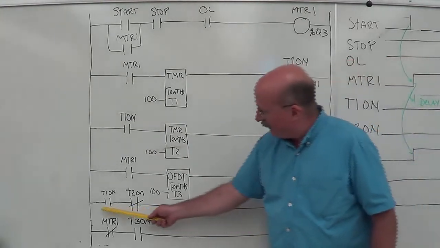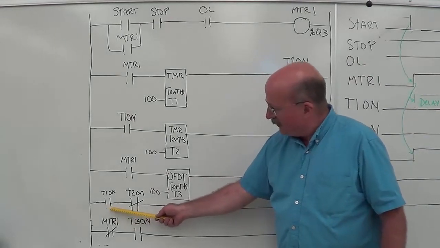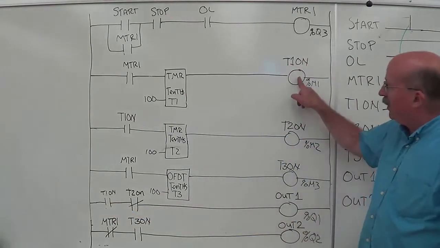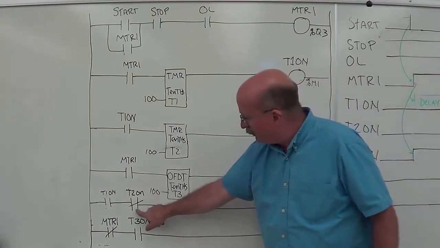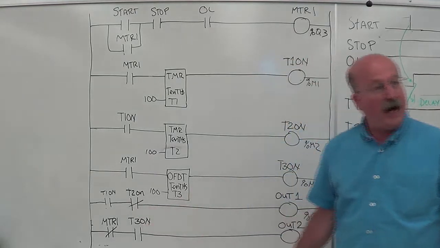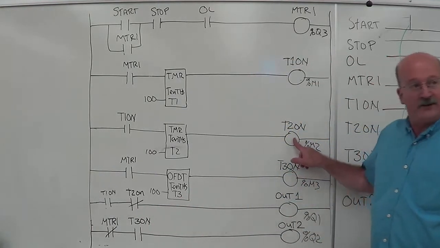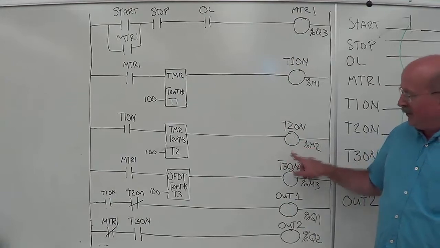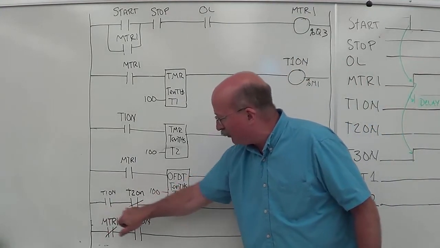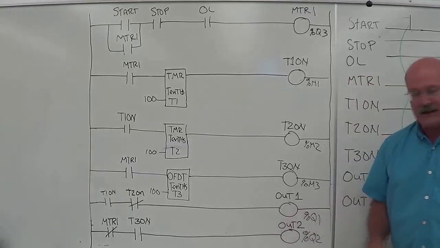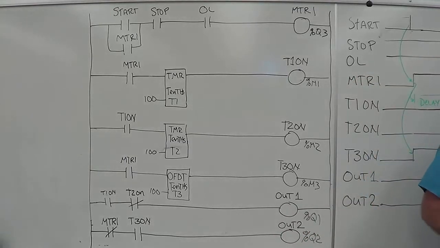So if we look down over here, T1 on contacts will be closed at the end of the first delay. T2 contacts will open up at the end of the second delay. So in the meantime, between the first and the end of the second delay, both of those will be closed, provide us power to output number 1.